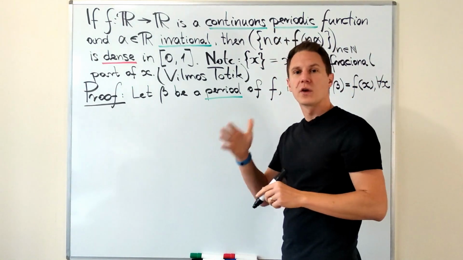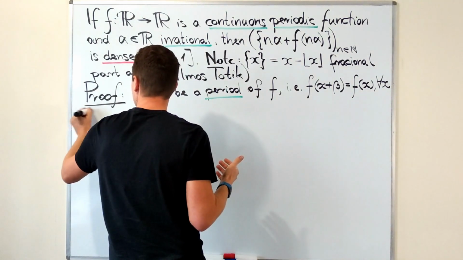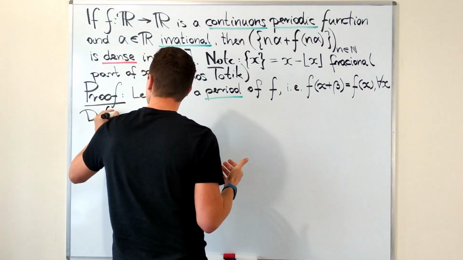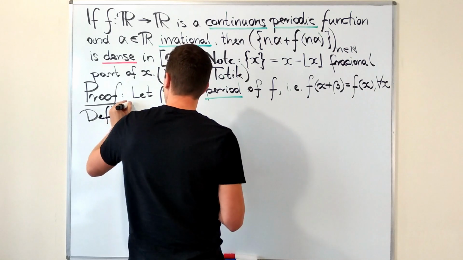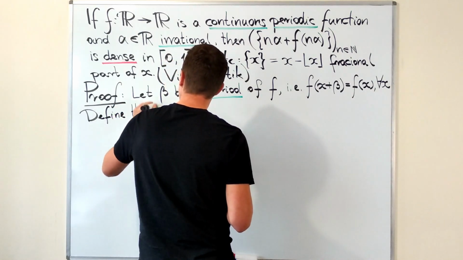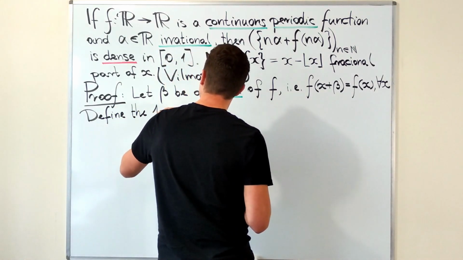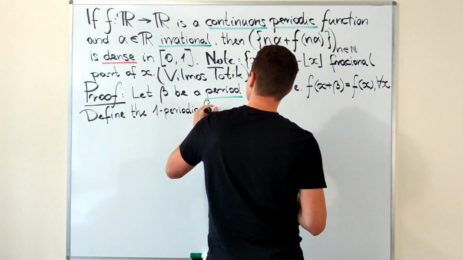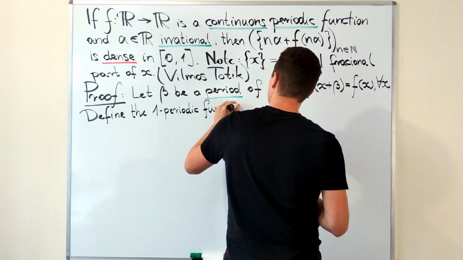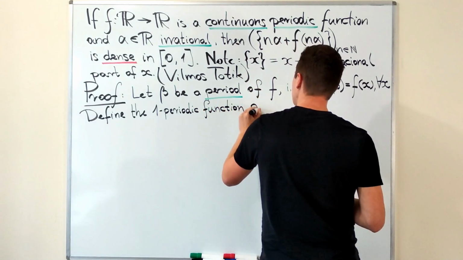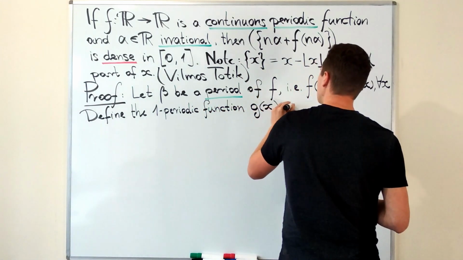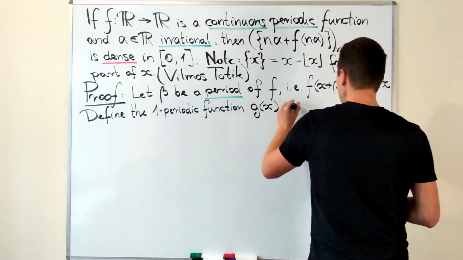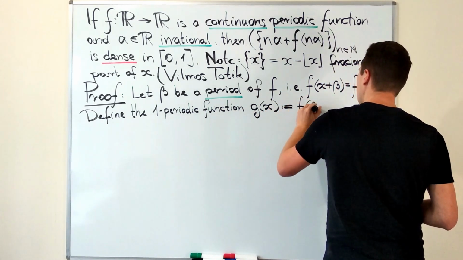So let's define the 1 periodic function, which I'll call g. g of x is defined to be f of beta times x.